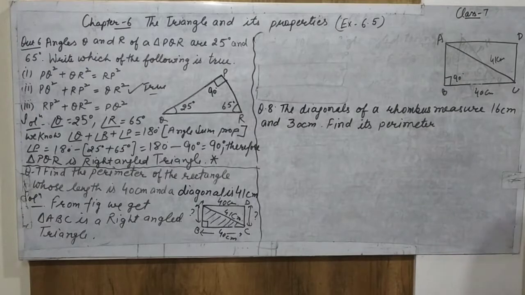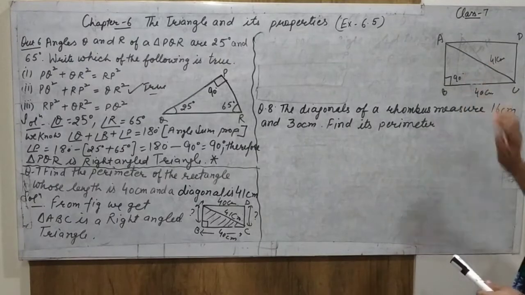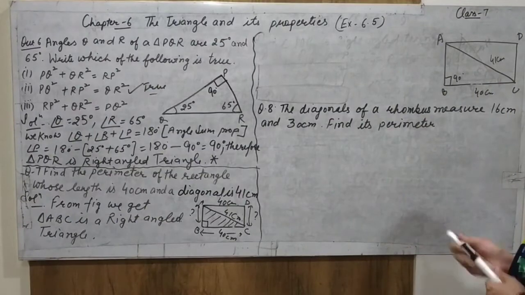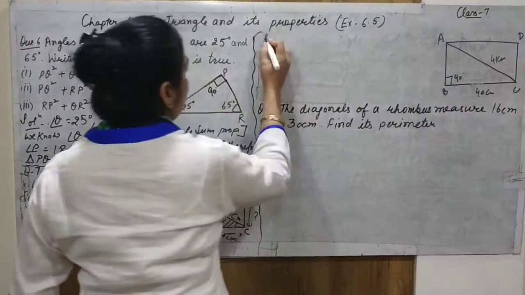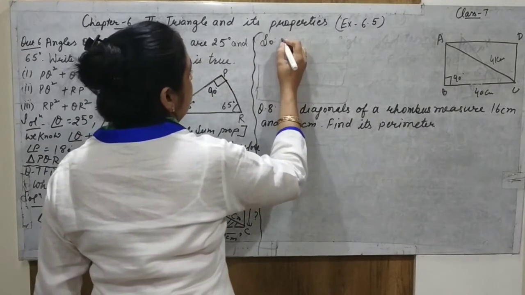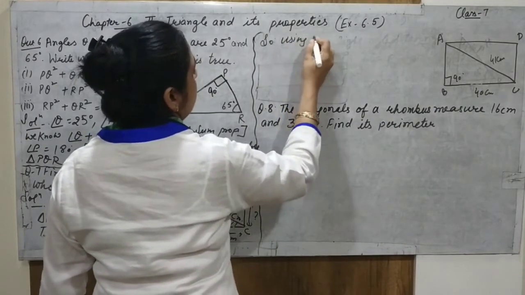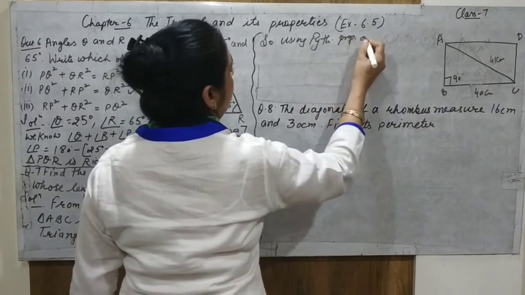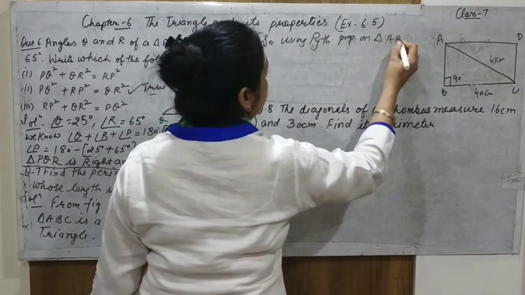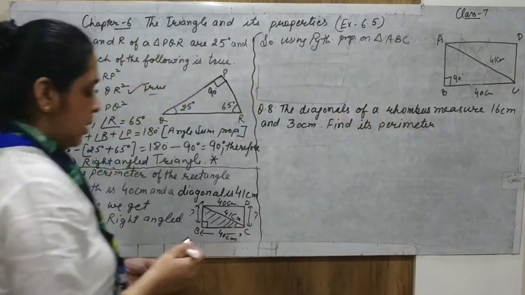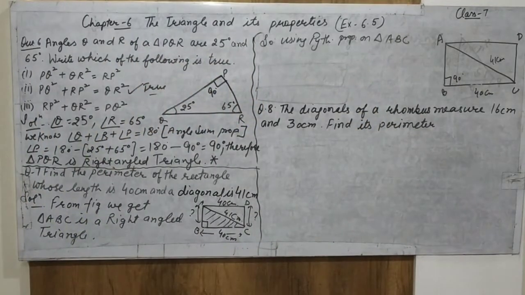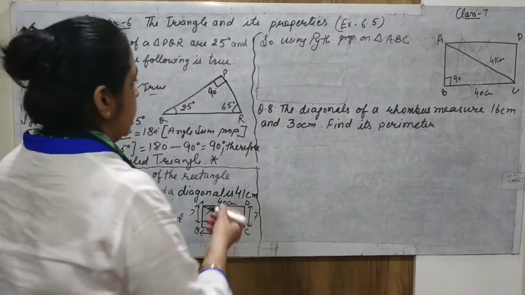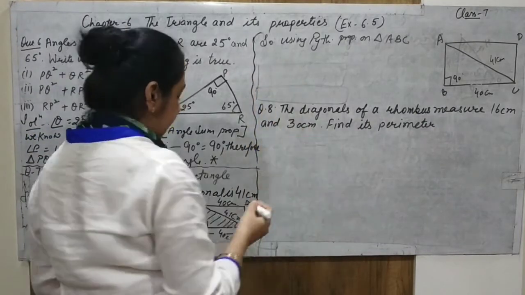Alright, now from this triangle we can use the Pythagoras property, using Pythagoras property on triangle ABC. Alright, on which triangle we are using Pythagoras property? Triangle ABC. What is H here?